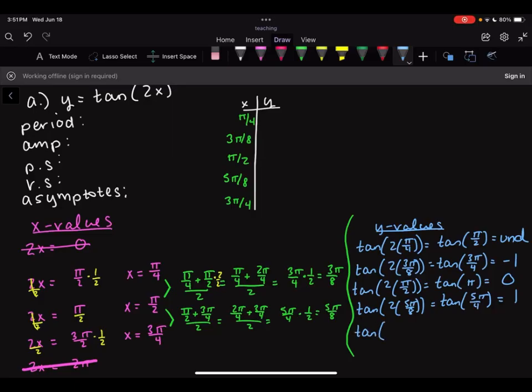And lastly, tangent 2 times 3 pi over 4 will give me tangent 3 pi over 2, so undefined. So I got undefined, -1, 0, 1, undefined.